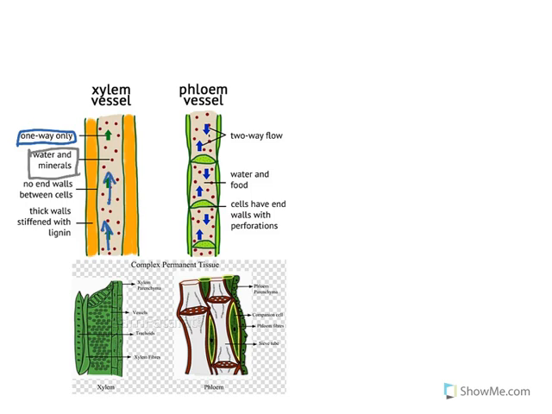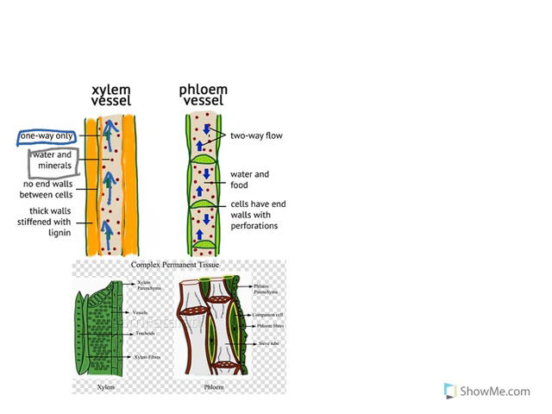The water and minerals travel upwards. See how the cells have no end walls, the cells are placed one over the other. It's like a long tube here. Have you noticed? A continuous long tube, and the water can so easily flow through it.